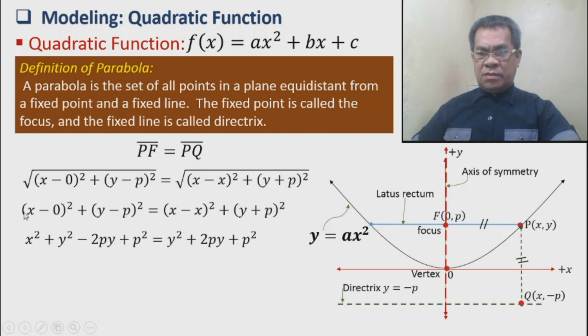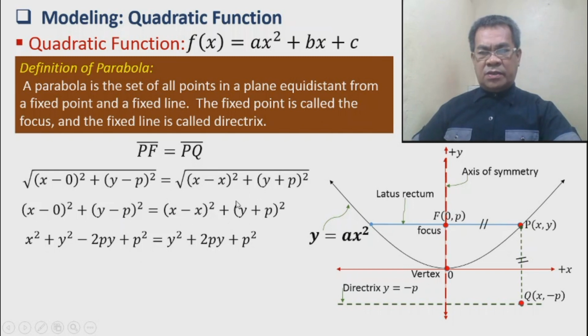When you square the binomial, recall your algebra: square the first, y squared, then twice the first and second, which is minus 2py, and square the last, plus p squared, because when you square the negative, it becomes positive. Then this is 0, so eliminated.